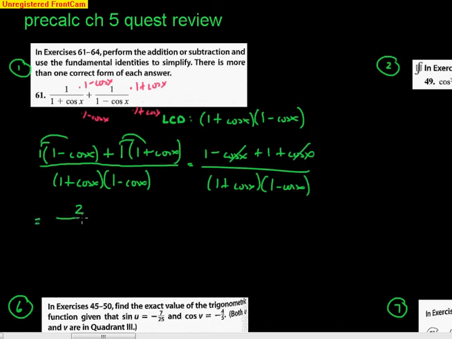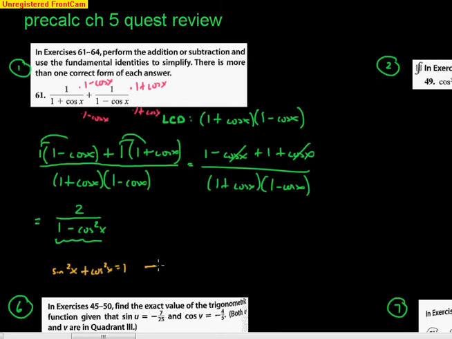Since the numerator just simplifies to 2, I'm going to multiply out the denominator, because nothing's going to cancel. 1 times 1 is 1. The outer would be a negative cosine, the inner would be a positive cosine, they cancel, and then cosine times negative cosine is negative cosine squared. Now this is an identity: sine squared x plus cosine squared x equals 1.